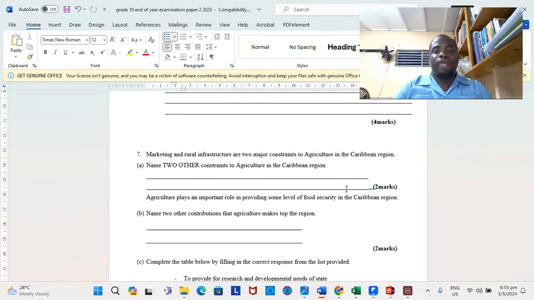When you look at the rainy season, they're experiencing flooding. And so this will affect sometimes their livestock and even their crops. And even the increase in soil erosion, even the increase in pests and diseases happen because of this increased rainfall. So climate condition is another constraint that seriously affects the Caribbean.